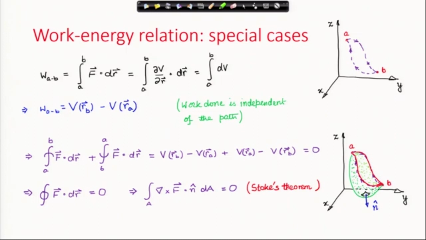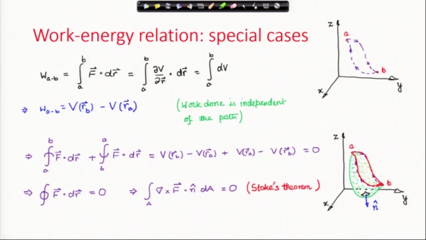Then from Stokes' theorem, I get this circular integral as curl of F dot n cap, where n cap is any normal vector on this pouch, times dA, a small infinitesimal area on the pouch, integrated over this area. This is Stokes' theorem, and that must be 0.